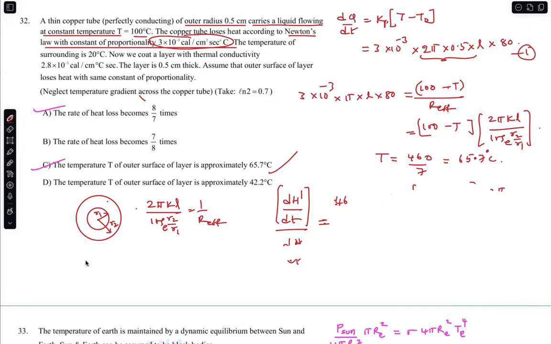That means in Newton's law, dQ by dt is some constant times (T minus T surroundings). The K is different now.